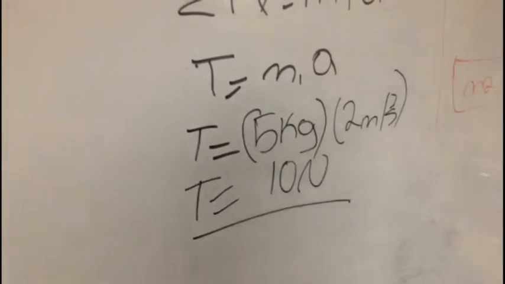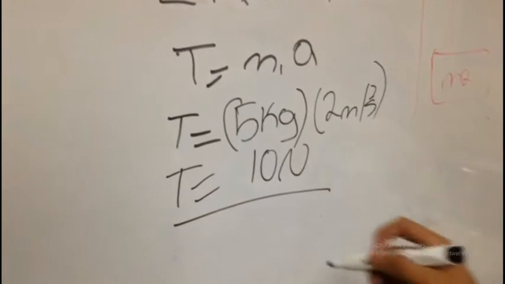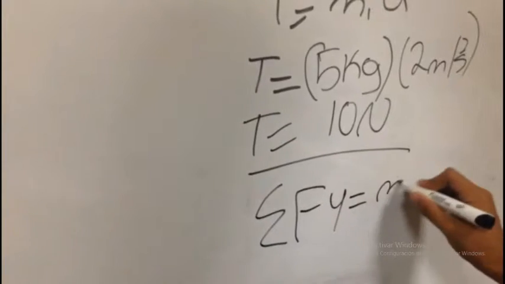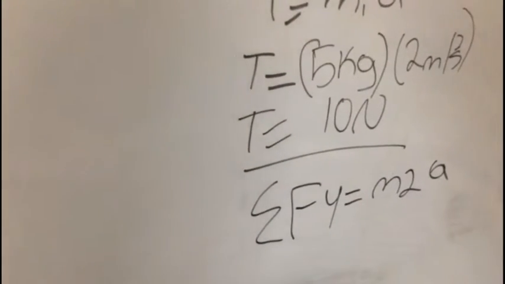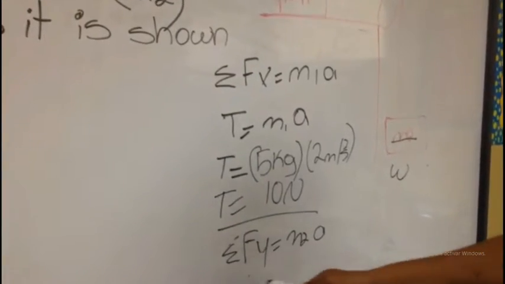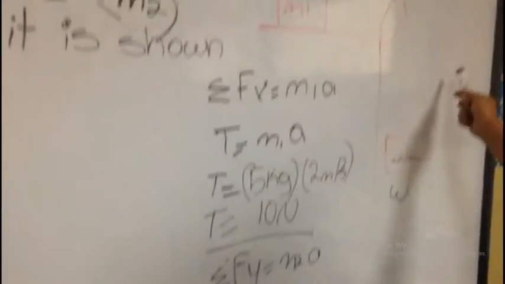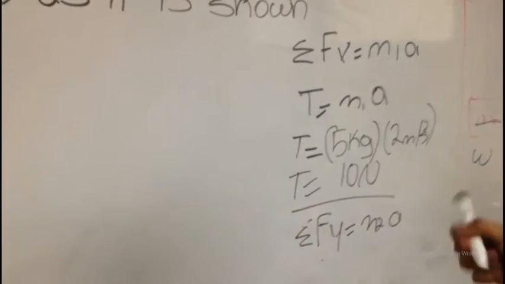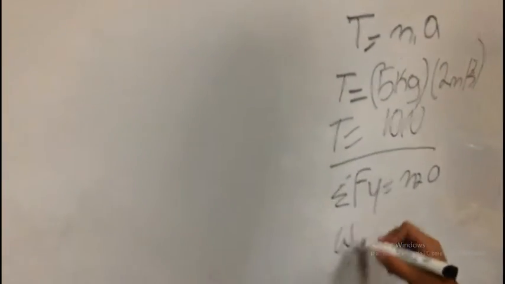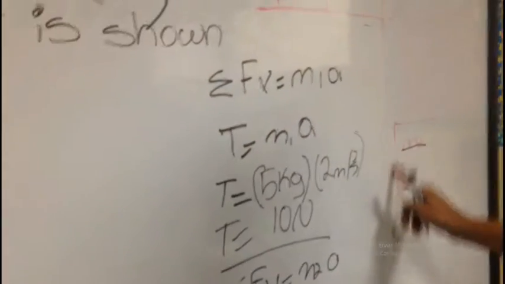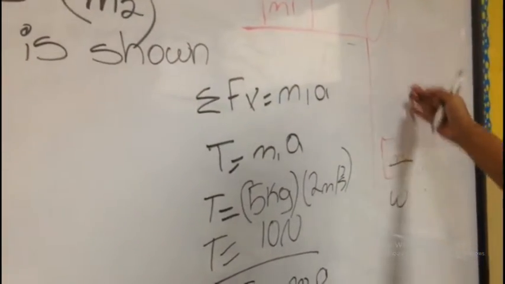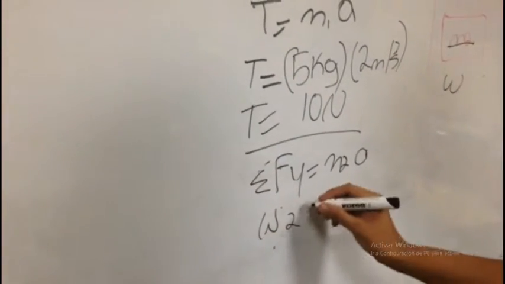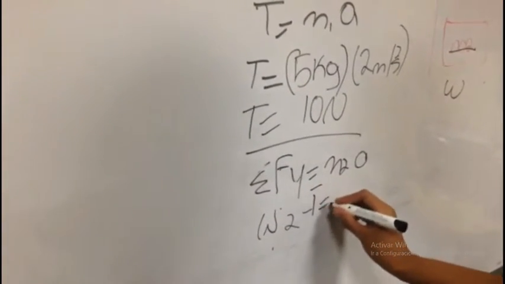And for M2, mass 2, we need to make all the forces in Y equal mass 2 times acceleration. So we need to find mass 2, but how are we going to find mass 2? We need to put this formula that is weight, because mass 2 is hanging, so there is weight and there is gravity. Weight 2 minus tension.